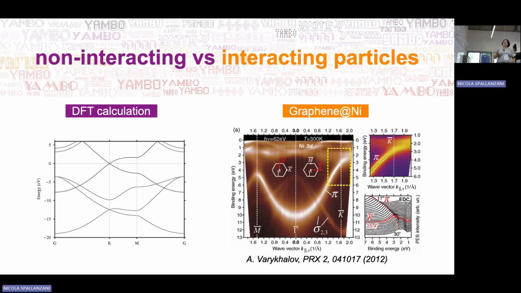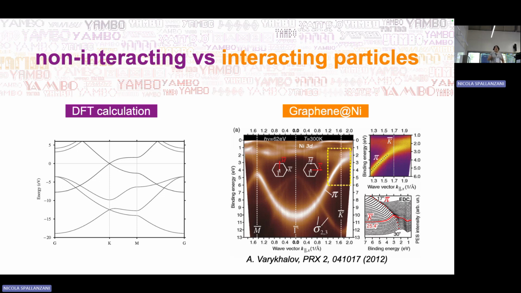Okay, so let's look again at the photoemission measurement, and let's compare with the calculation, let's say the non-interacting calculation. Here we have a band structure, a DFT band structure. That, as we have seen, is a ground state property of our system, and here we have a measurement that comes from angle-resolved photoemission, and you can see that there are some differences.